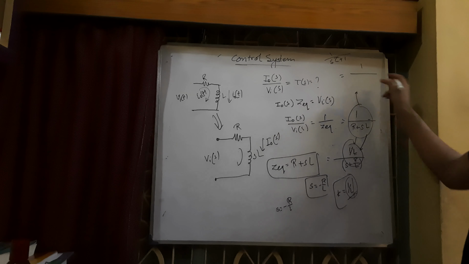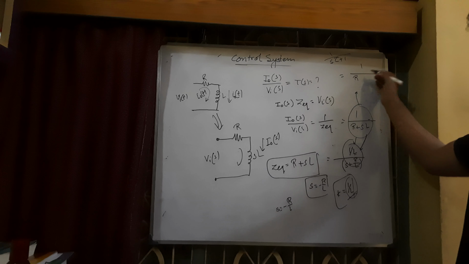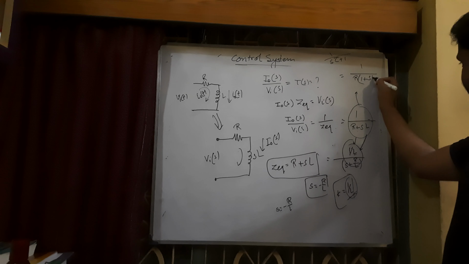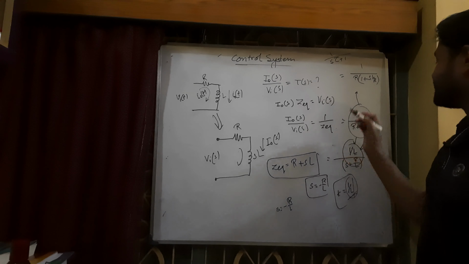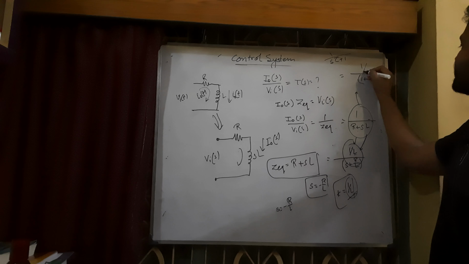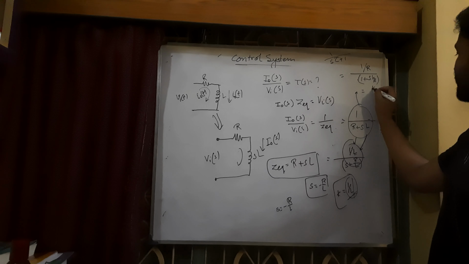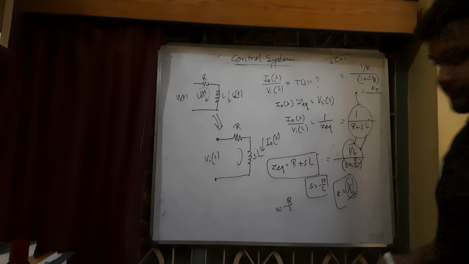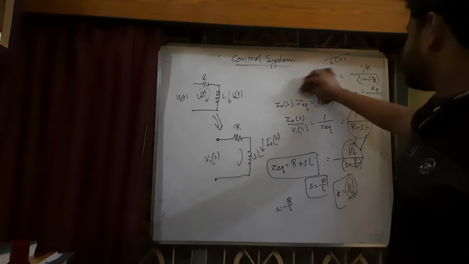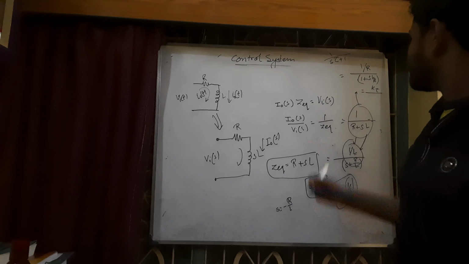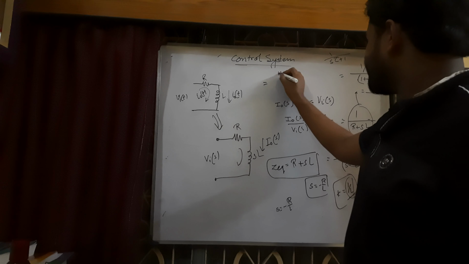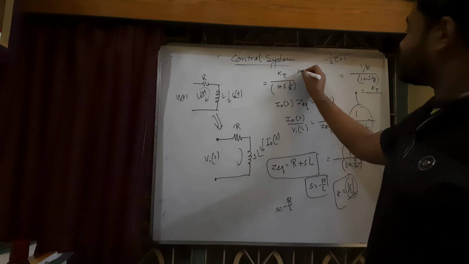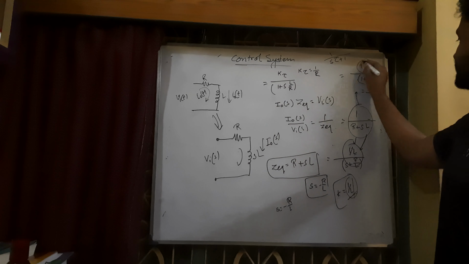That means R must be taken common, and it will look like 1 plus sL by R, isn't it? So this R can be written here as 1 by R, and as I mentioned earlier, there will be one constant K, and K is 1 by R here.